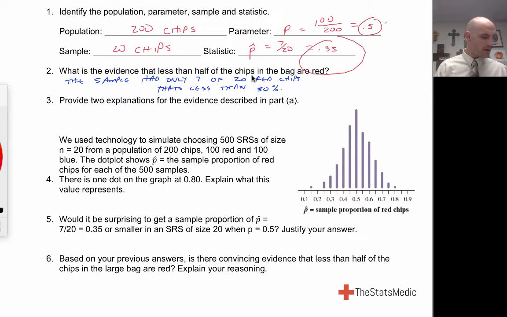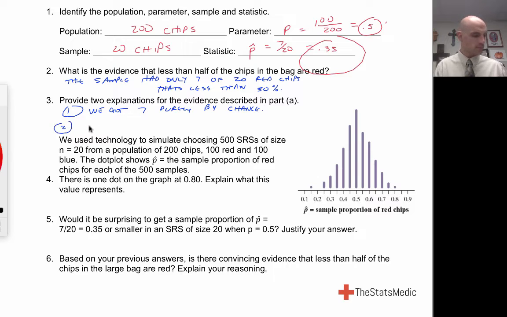Let's look. Okay. So provide two explanations for the evidence described in part A. So what are the two possible explanations? We either got 7 purely by chance, right? So maybe it just happened.